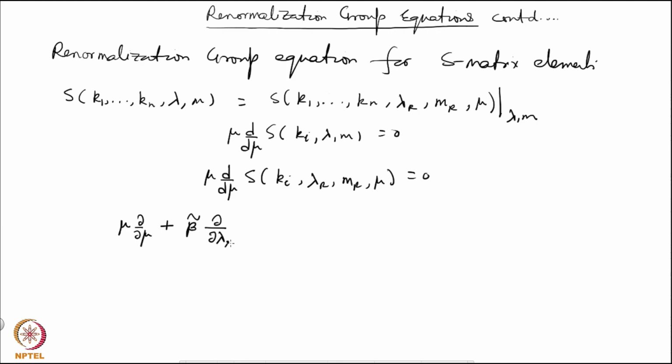So things should change appropriately with the change of mu: lambda_r and m_r should change appropriately so that this holds true.